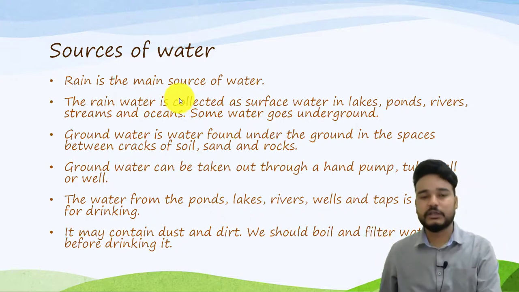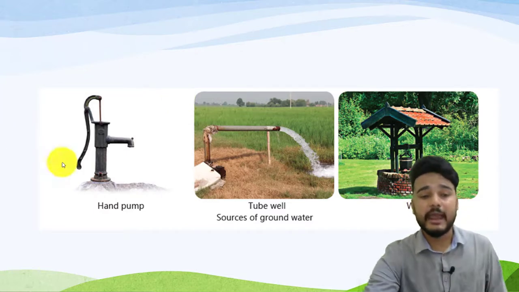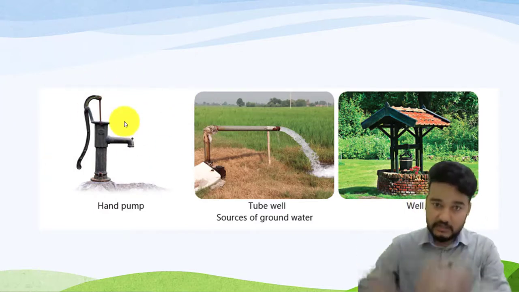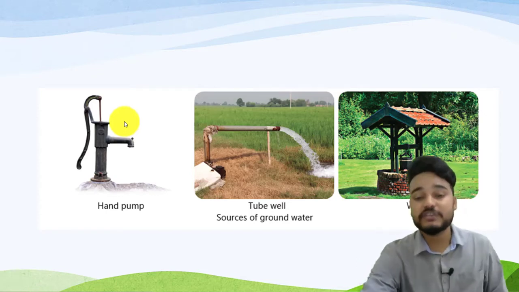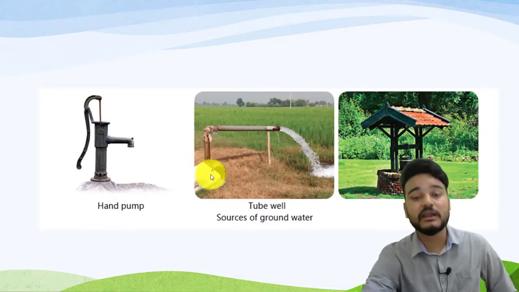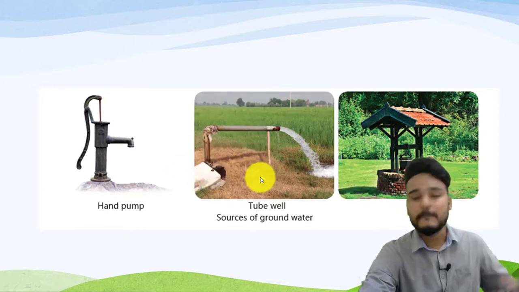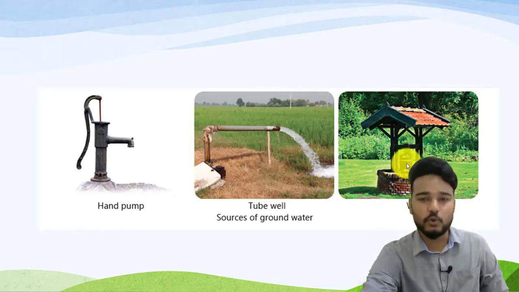Understood? Okay. Now here you can see a picture of a hand pump. In Marathi it is called hapsa. Or this is a tube well, using this motor we are taking water up from the ground. This is a well, a small well.